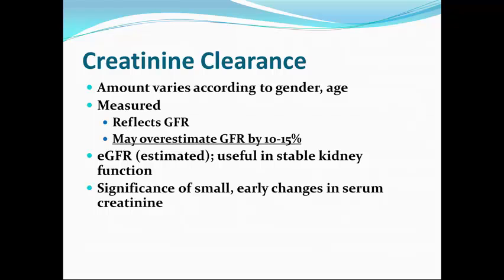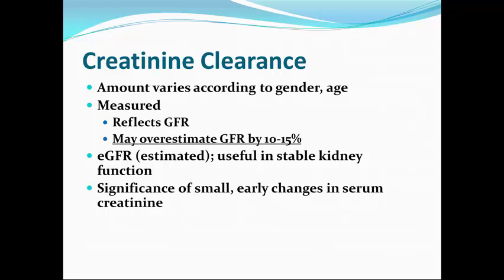The amount of creatinine that we clear does vary according to gender as well as age. So a creatinine clearance for a female is slightly less than that of a male. And as we get older, our creatinine clearance generally remains within normal limits, though it may begin to decrease as we become more frail elders.